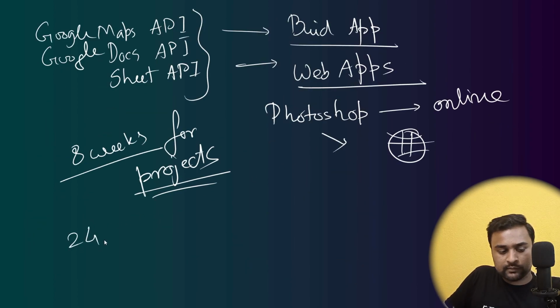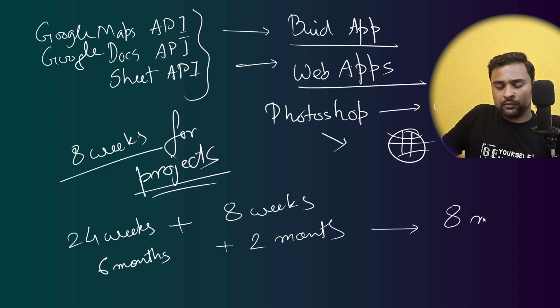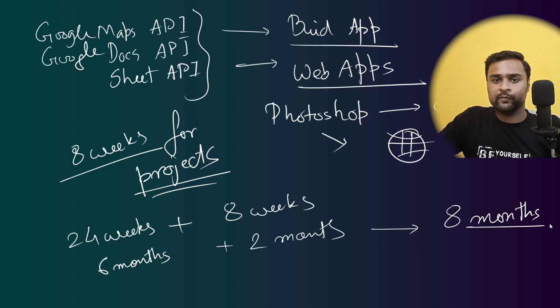So 24 weeks plus 8 weeks. 24 weeks you can think of as around 6 months, and 8 weeks is around 2 more months. So altogether, you do not need more than 8 months to at least be prepared for a fresher job in web development.